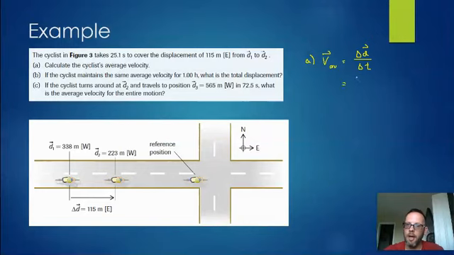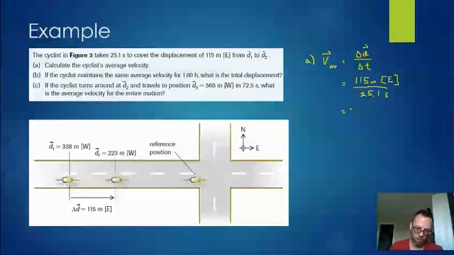And here we have 115 meters east in our time of 25.1 seconds. And so you can see the units are going to be meters per second, and our direction is going to be east. So 115 divided by 25.1, about 4.58 meters per second.